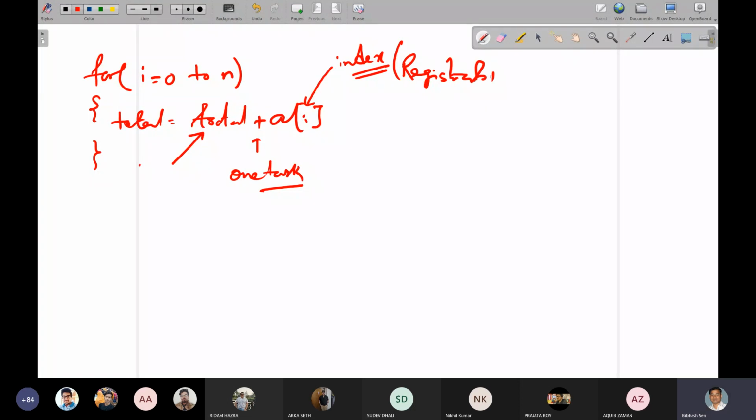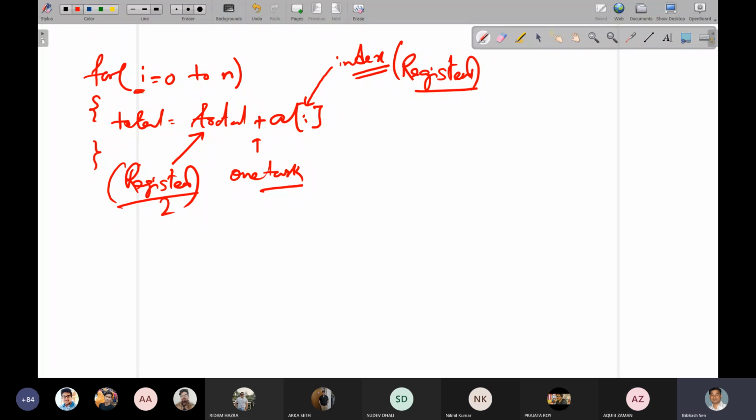Suppose this is register 1. This is a register and total is another register. So how many registers are required? Only register 1 and register 2 are required. Am I correct or wrong?